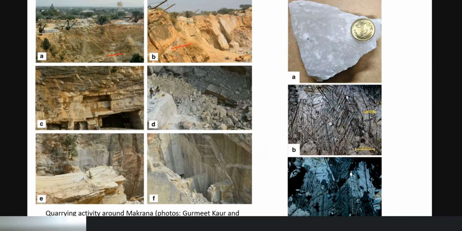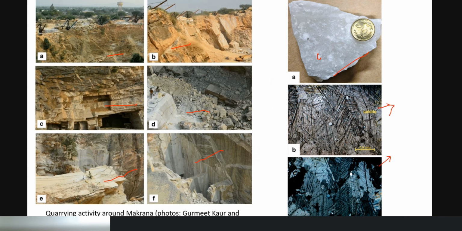And these are the field sites or quarries from which this particular marble has been dug up. This is the hand specimen. You can see the calcite crystal, white calcite crystal. Why is this Makrana marble particularly famous? Because it is pure, even in thin section. These are thin section images.